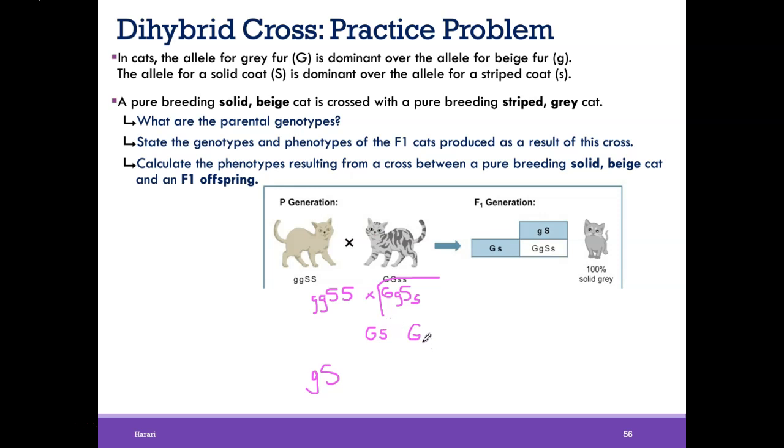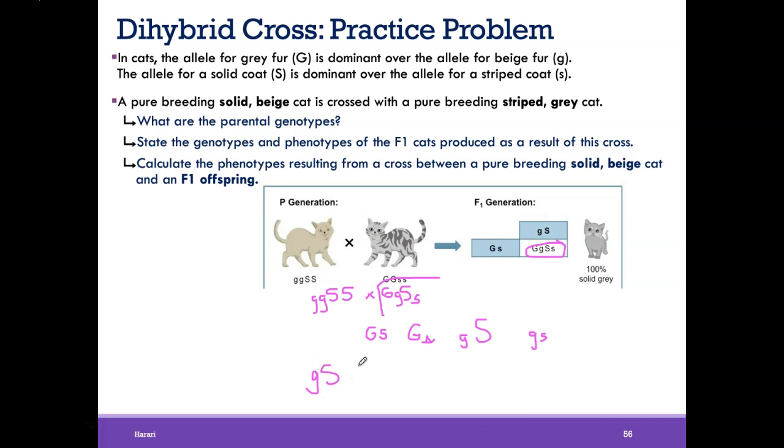I'll draw my little s's like that. So we can have big G big S, big G little s, little g big S, or little g little s. Those are the 4 possible gametes that this F1 individual can make.